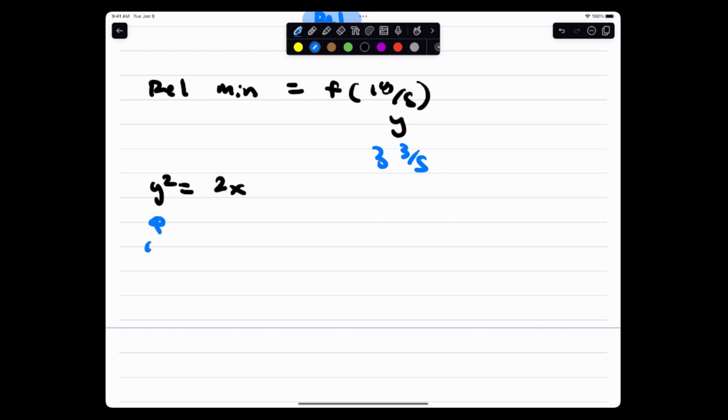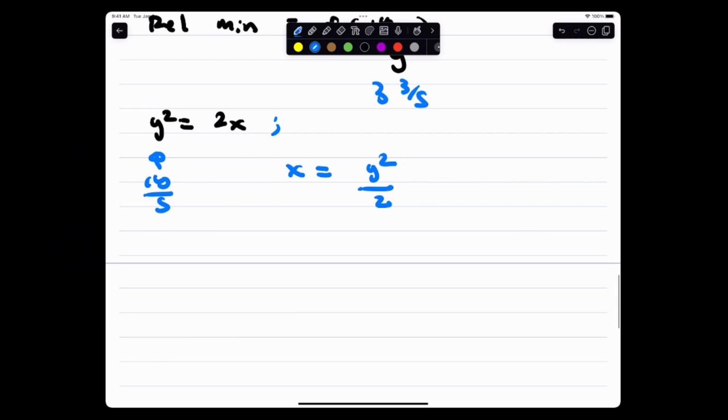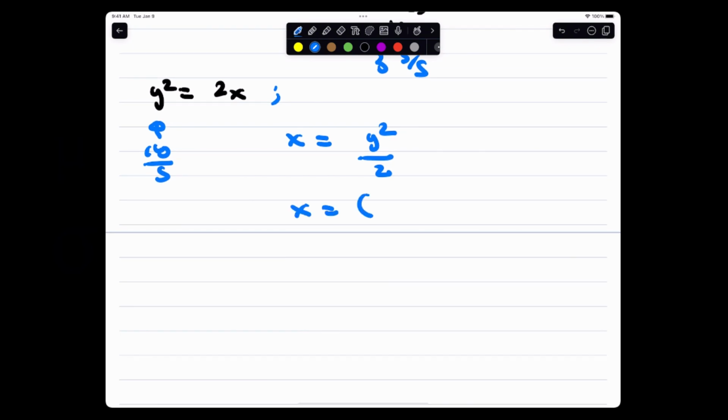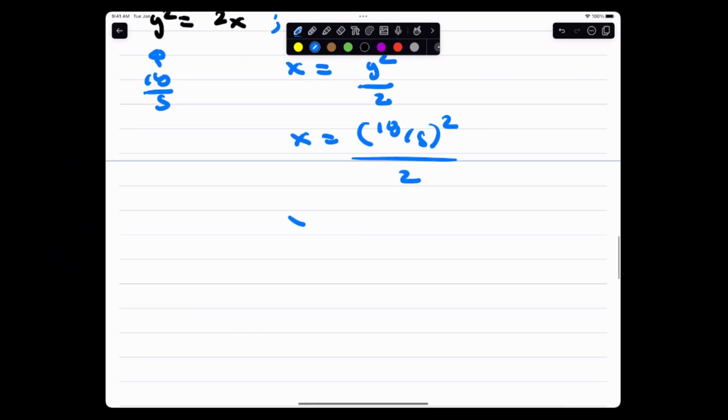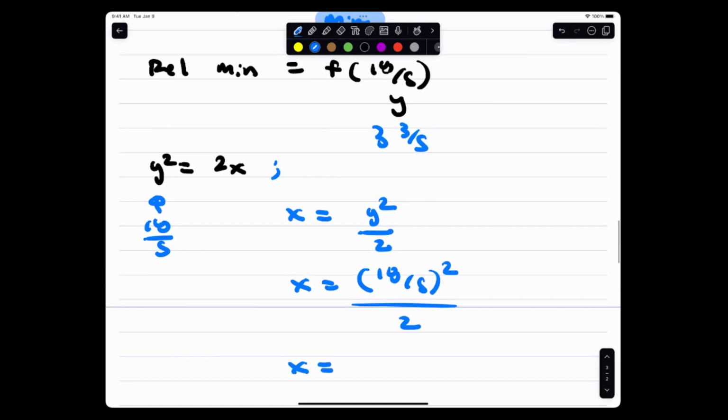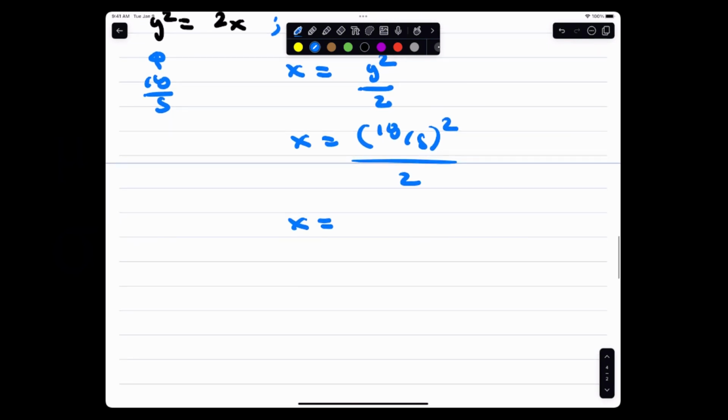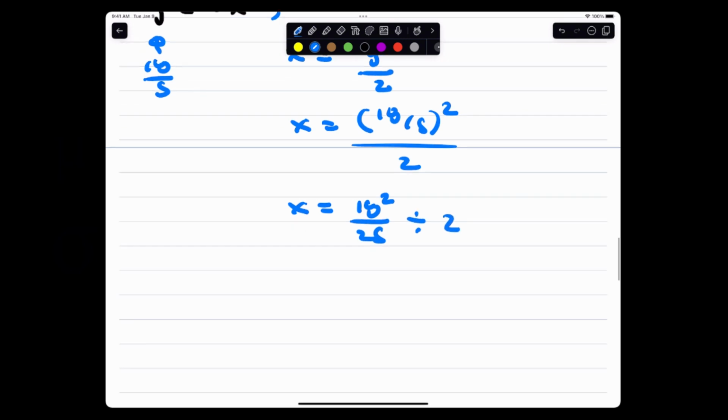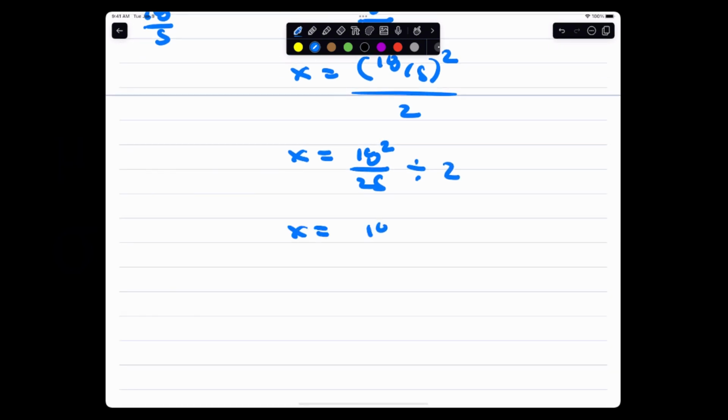This will be 18 fifths. So that means x will be y squared over 2, or 18 fifths squared divided by 2 for your x coordinate. What is that going to be? 18 squared over 25 divided by 2. So x will be 18 squared over 50, right? So anybody know what 18 squared will be?